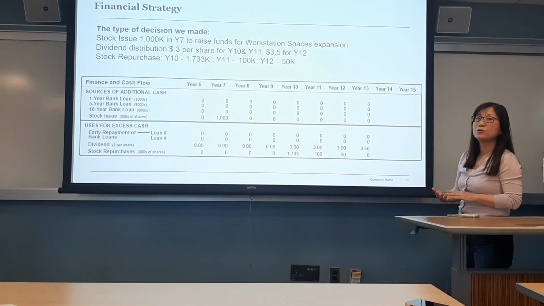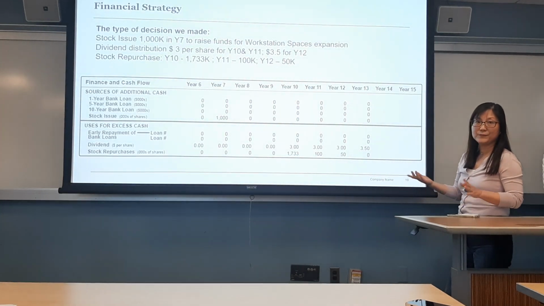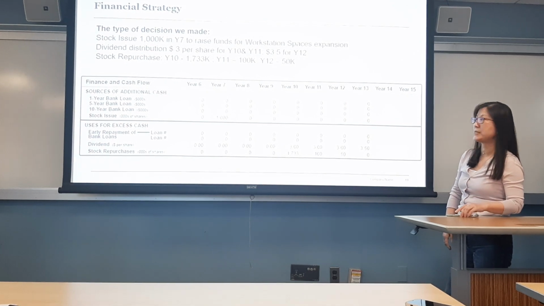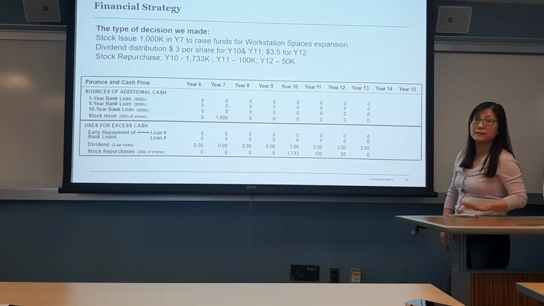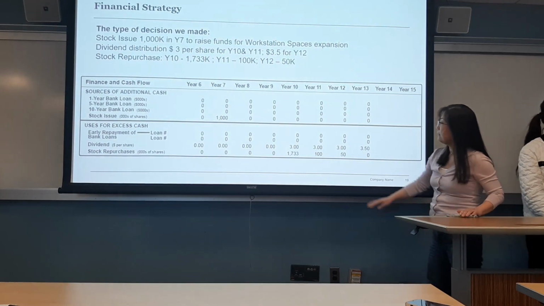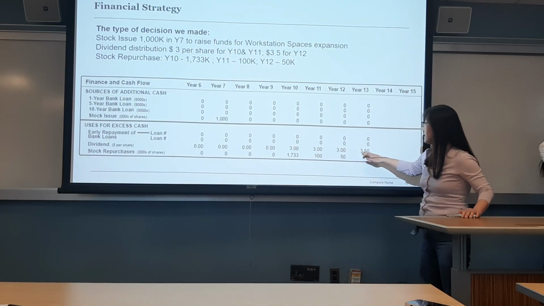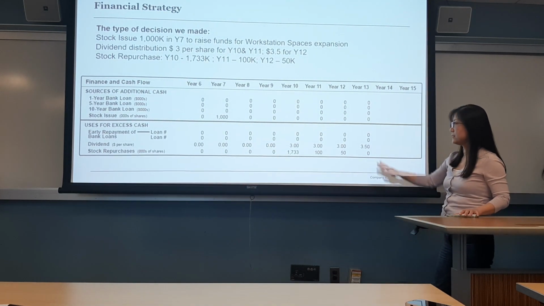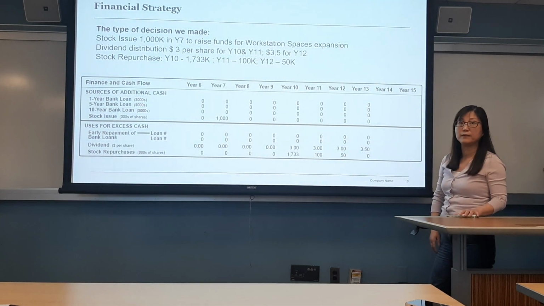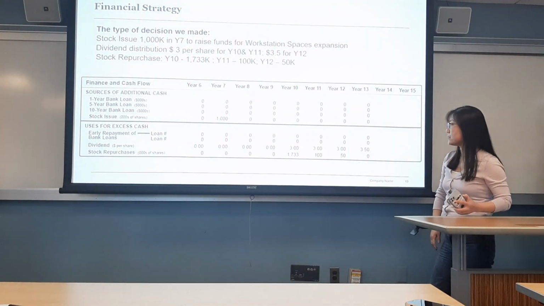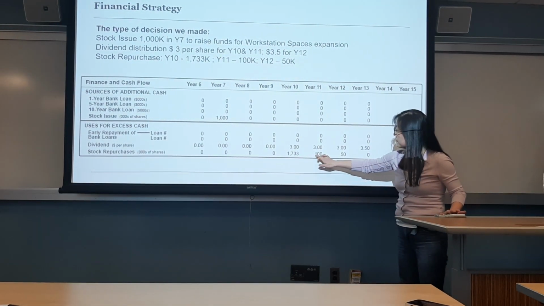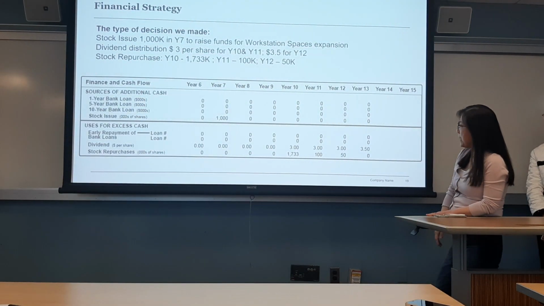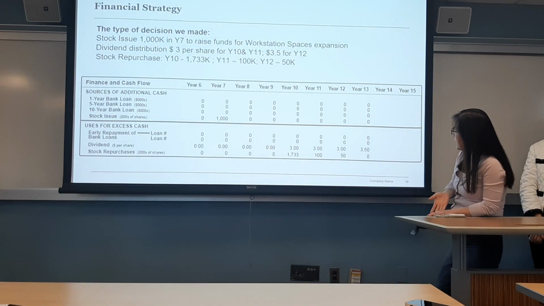That's because we wanted to boost our stock price and return on equity. And it was successful that year. Later we kept the same strategy. We give the dividends constantly because we have money in our hand. We can use it, and we do the buyback in year 11 and 12.